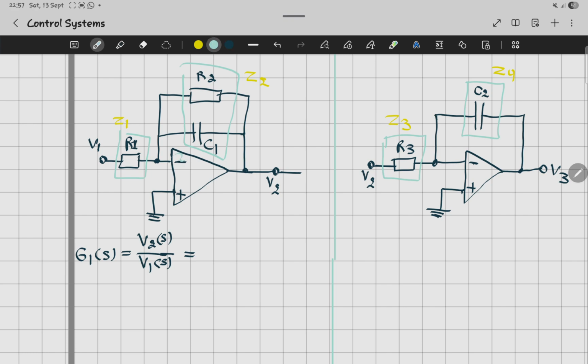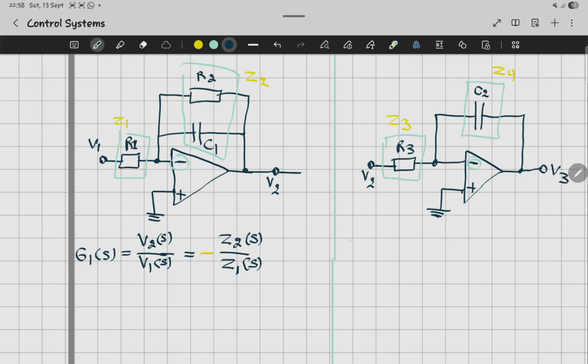Since we have a negative sign here and also on this side, that's why we're going to write a negative sign there.